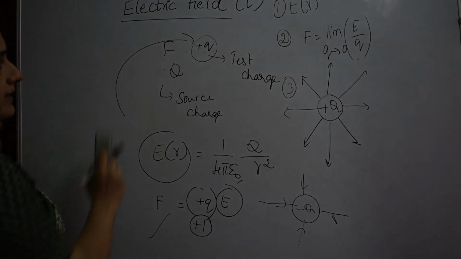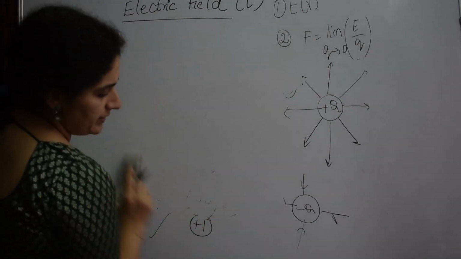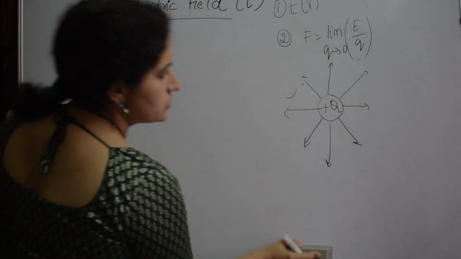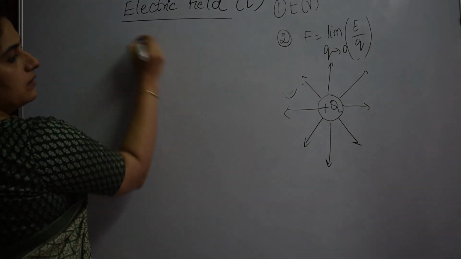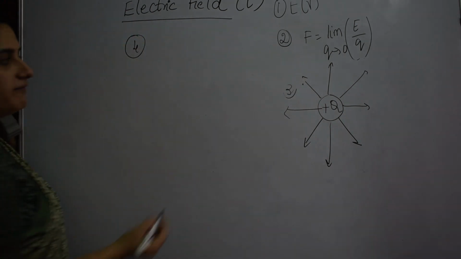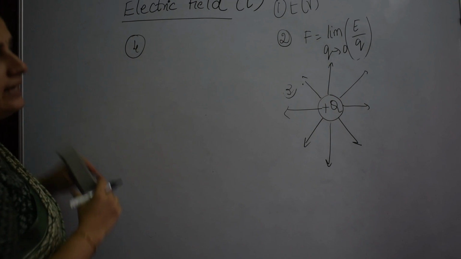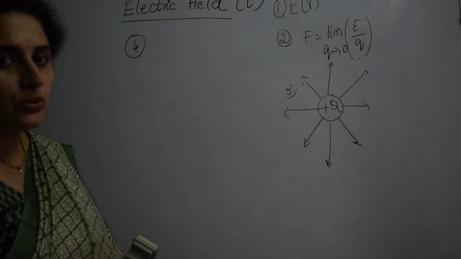The last point is, as you go away from the point source or the source of this electric field, now the fourth one, as you go away, the electric field goes on decreasing. As you know, it is inversely proportional to r square.